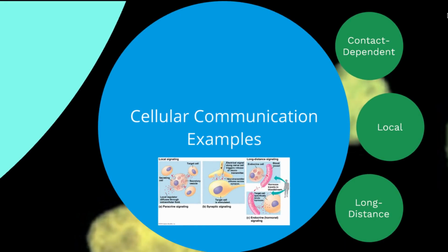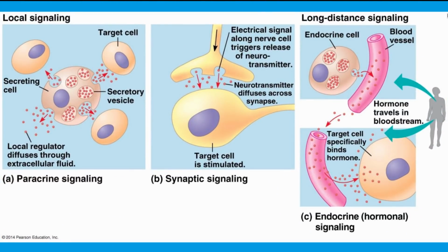Like I said, I'm not going to get too much into response here, just because it is so cell specific. But I do want to talk very briefly about a few different examples of communication at these different scales. Remember, going from cells very close to each other, maybe even in contact with each other, all the way up to cells in different parts of the body communicating through the use of hormones and the endocrine system.